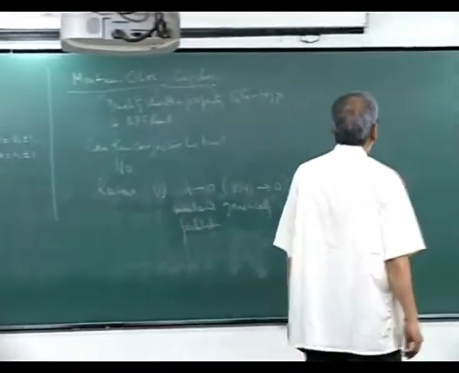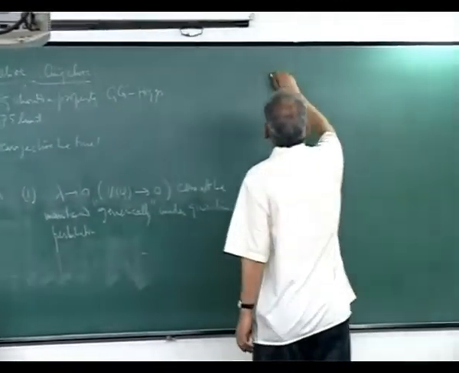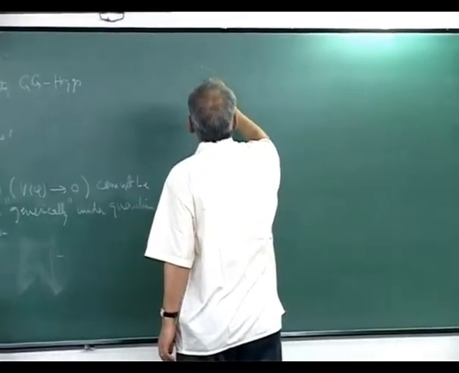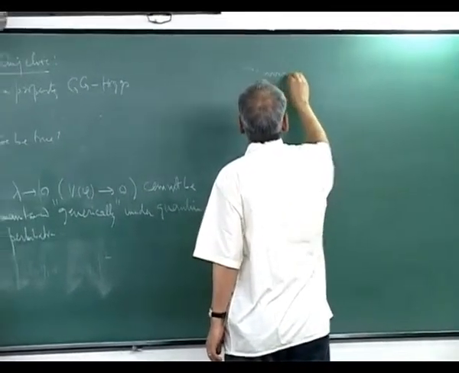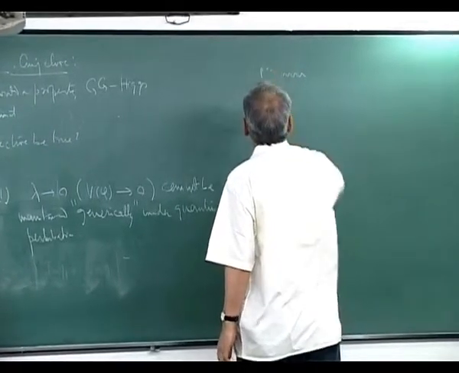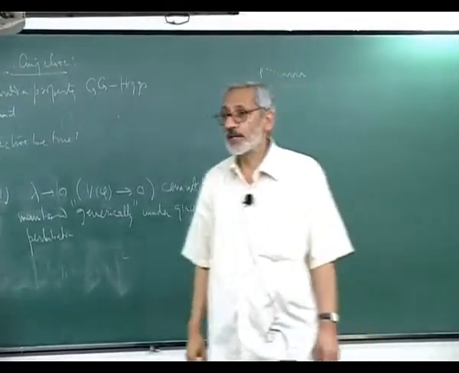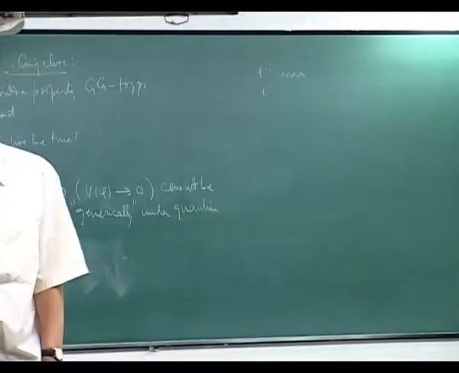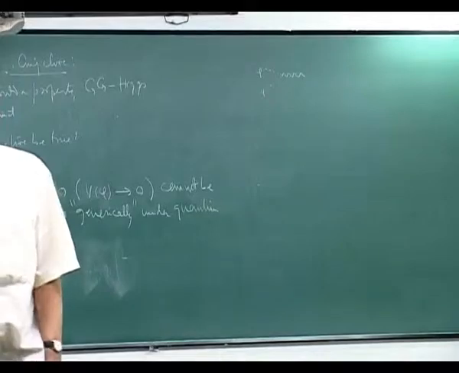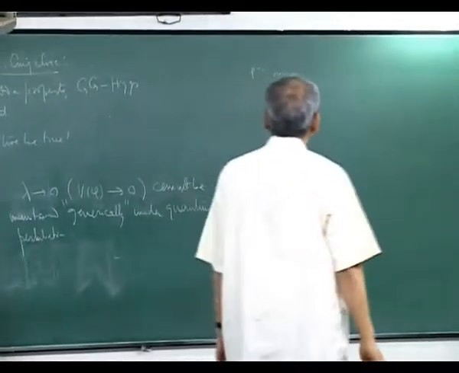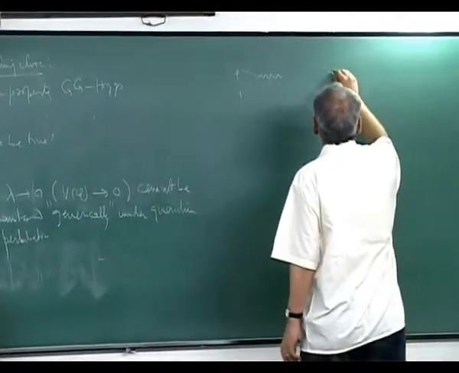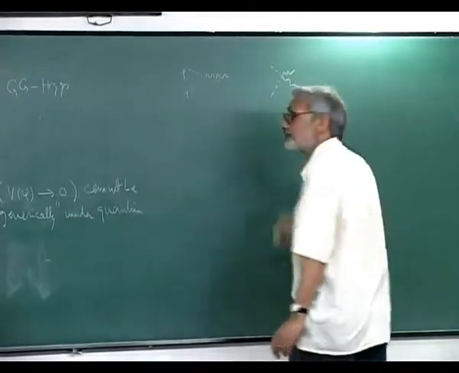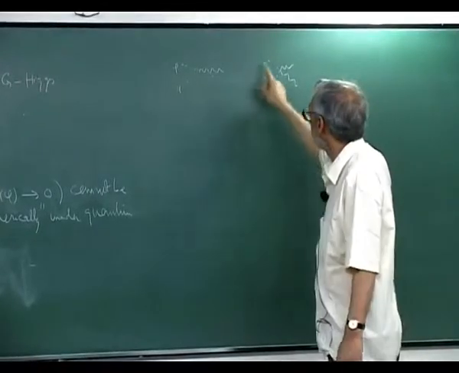But I have a vertex like that in my theory, and I also have a vertex of this kind, with gauge fields and scalar fields.